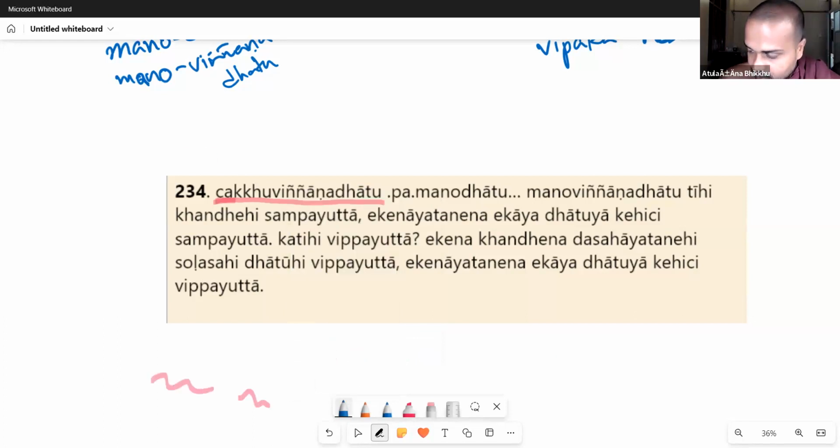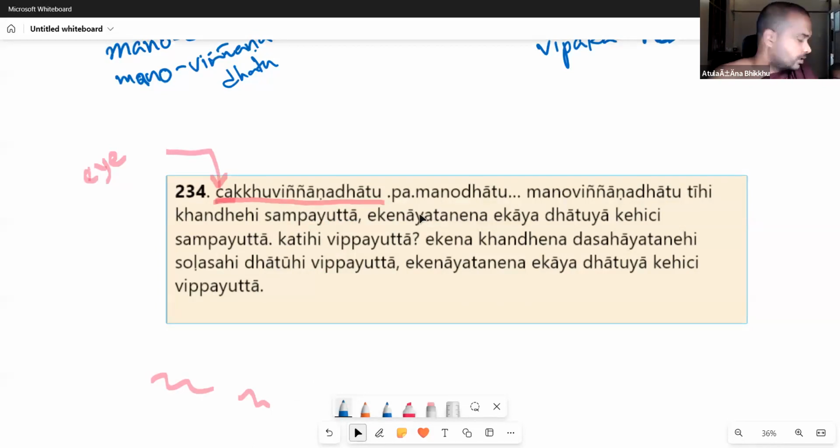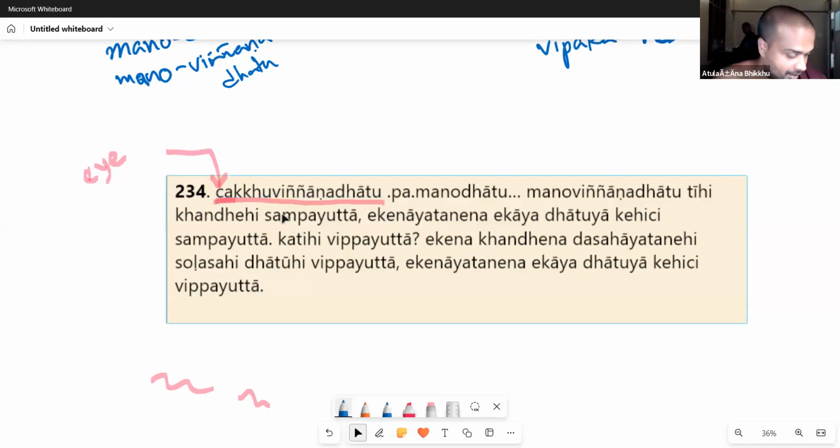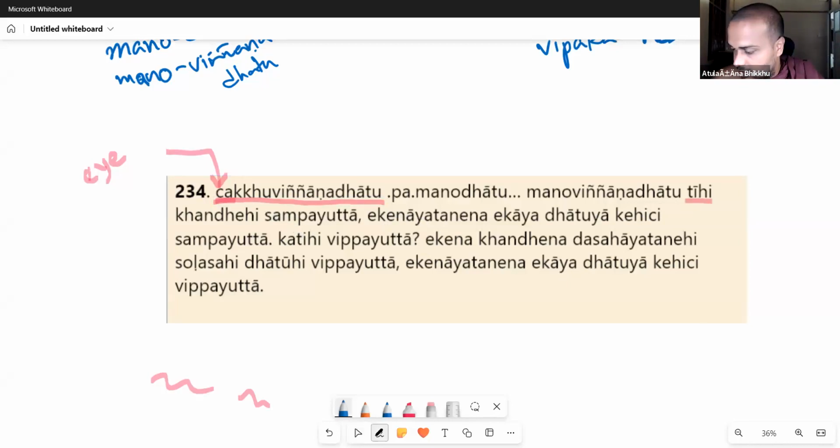Right. So for the cakkhu-viññāṇa-dhātu, the associated dhamma, which is the eye element base, here it's the cakkhu prasada. Tihi khandehi sampayutta means associated with three aggregates. What are those three aggregates?